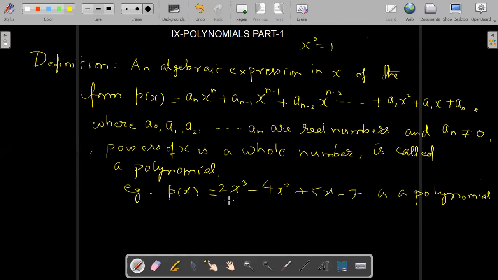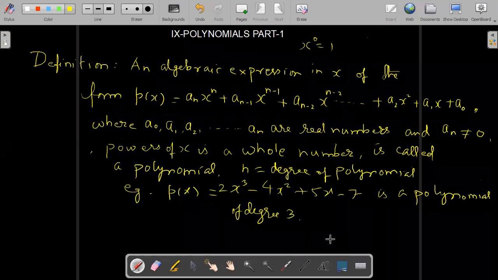Its degree, the highest power n, is called the degree. n is the degree of the polynomial. The highest power of x is called the degree of the polynomial. So here it is a polynomial of degree 3.